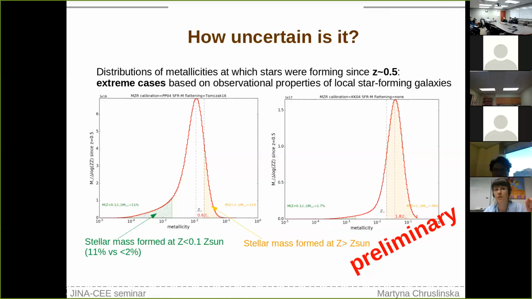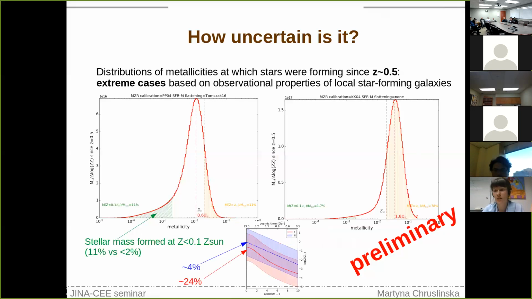I'm showing you the two distributions which correspond to two extreme cases that I find based on those observational properties of local star-forming galaxies. So these are the distributions of metallicities at which stars were forming since redshift of 0.5. And one way to compare them is to, for instance, look at the fraction of stellar mass that formed at low metallicity, so below 10% solar, which for these two cases that I'm showing now is between 2 to 11%.